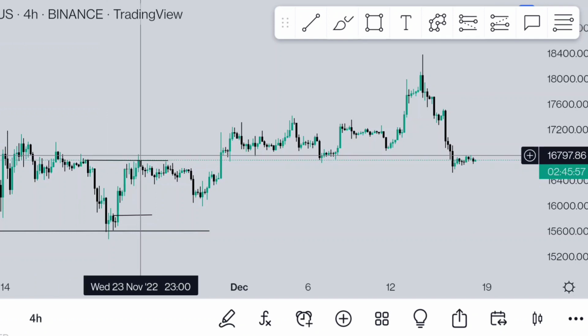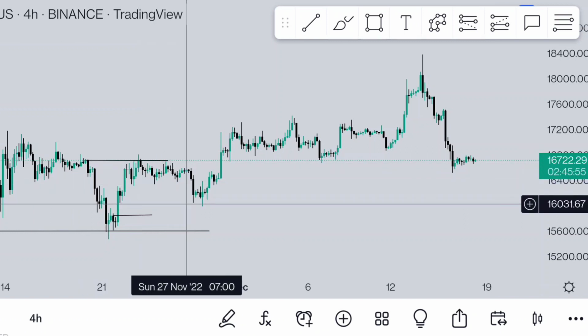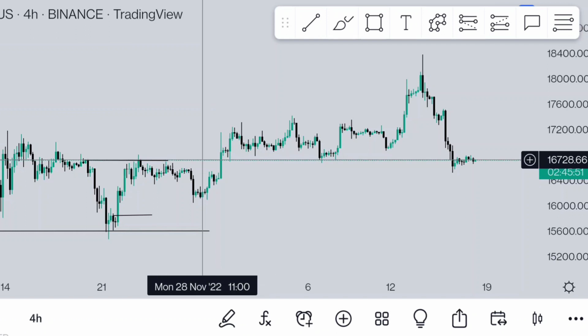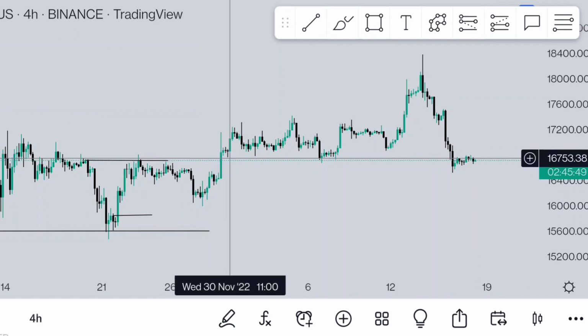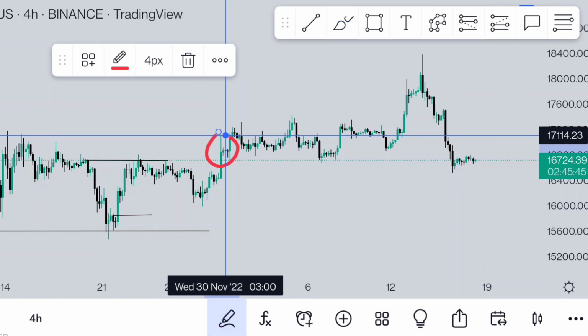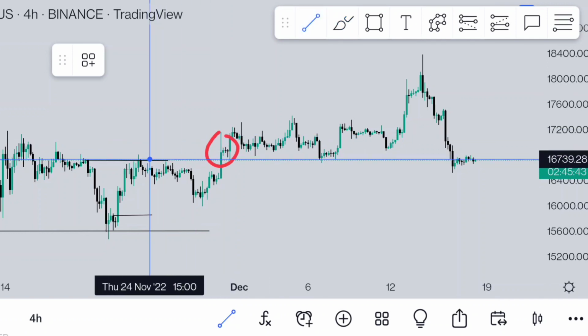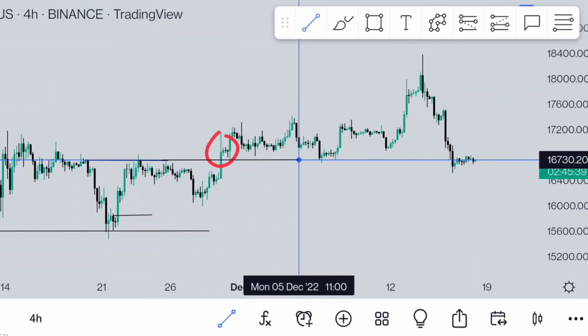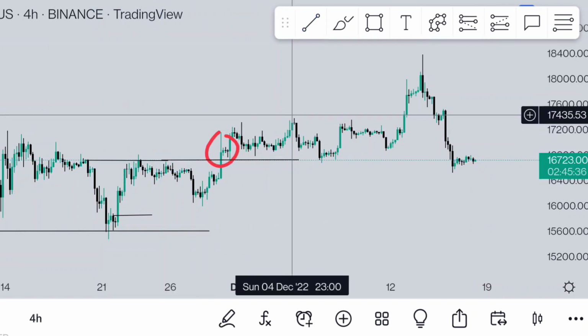It didn't, so it went back towards the fair value gap or downside. Now it went up and this time it closed above. So here at this point your daily bias should be towards the upside, as the old market structure break candle has been broken here. Okay, so it went up to this point.